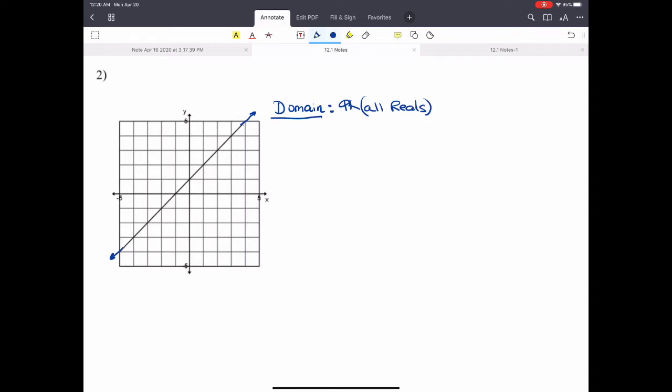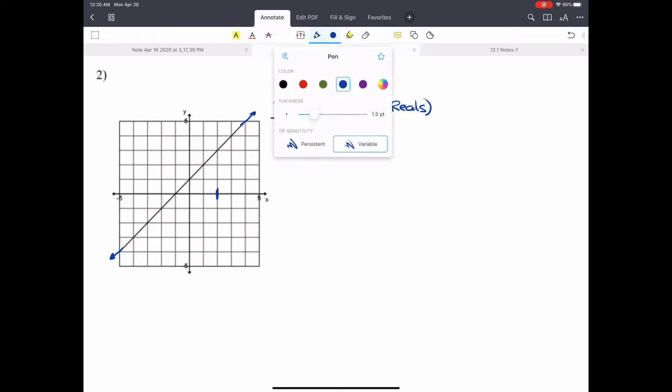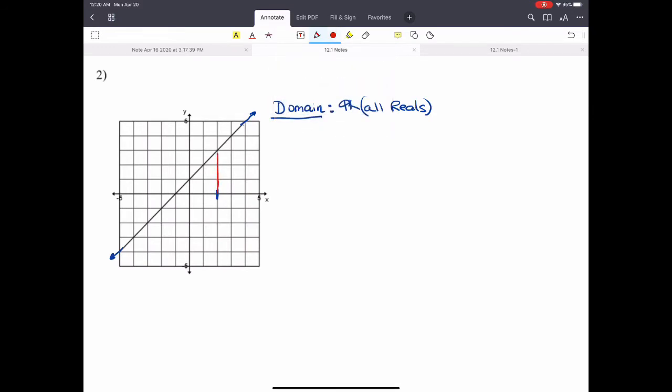The reason is because if you pick any x, there's a corresponding y value that goes along with it. So if I pick this x value right here, that corresponds to that point, which has a respective y value. Let's say the x is 0, well, that has a corresponding y value right there of 1. So the domain is going to be all reals.